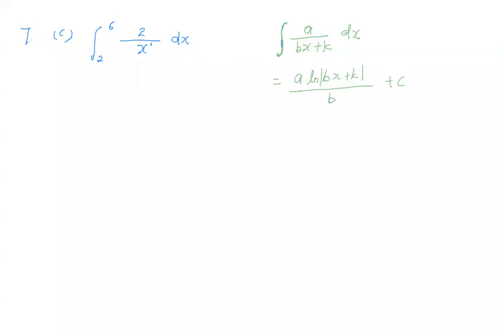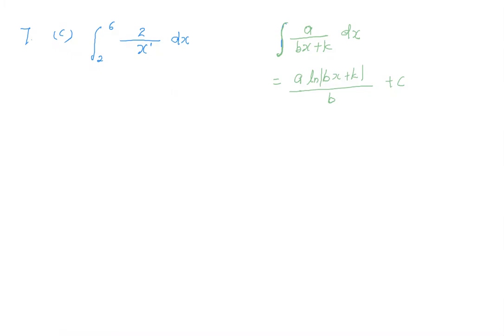So you see, when I introduce the formula to you, I always put it in such a way that you know what you need to do. Correct? That is how you memorize the formula. I say ln modulus, copy down the whole thing, then divide by b, the coefficient of x.